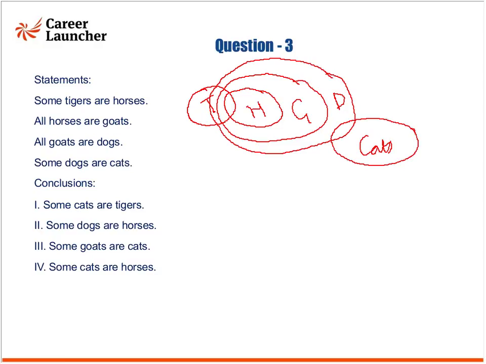Some cats are tigers, so no. Cats is here, tigers are here, they are not colliding. Some dogs are horses. We can see they are joined. Some dogs are horses.